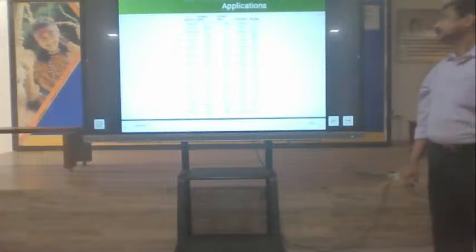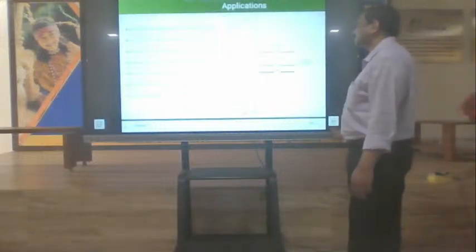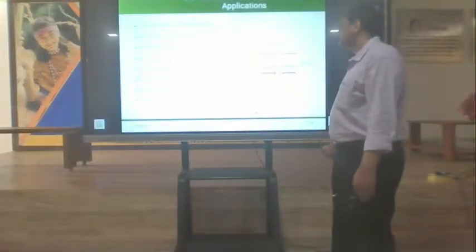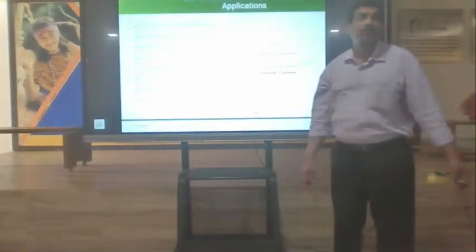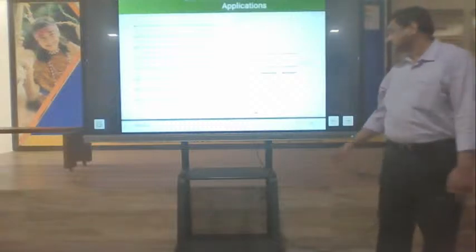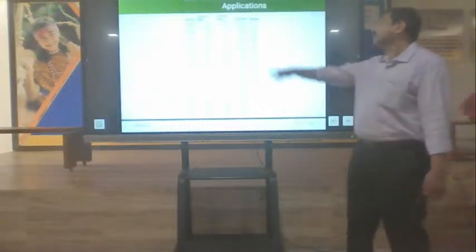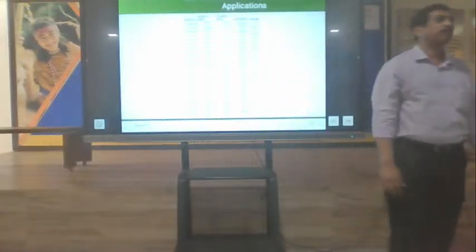The total wattage of one is 56, the other one is 64, around 120 kilowatt of the system, which is generating roughly 510 units per day.